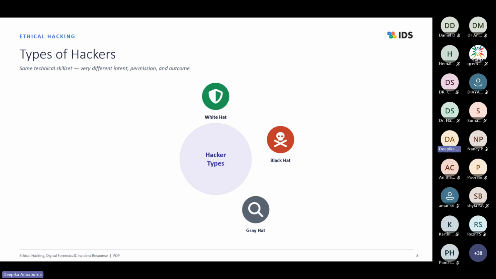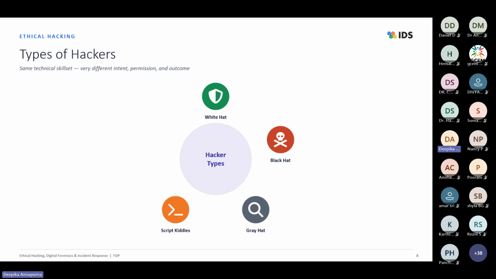Their intention is not bad, but they will try to access the application without any proper legal authorization. That is called gray hat.